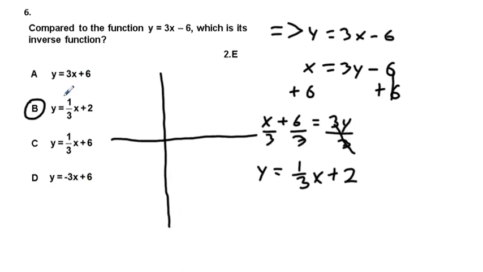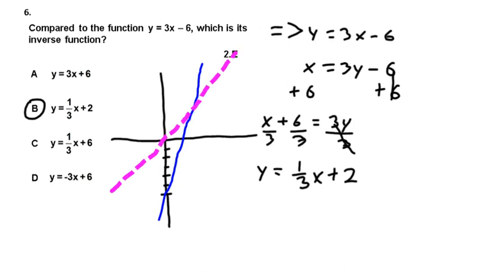If we graph this first function, y equals 3x minus 6, the original graph would look something like this, with a slope of 3. And we want to see the line reflected about the line y equals x. So I'm going to draw the line y equals x.